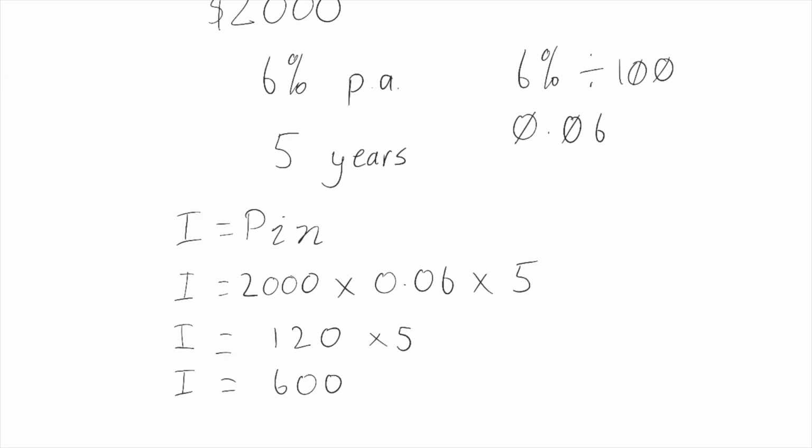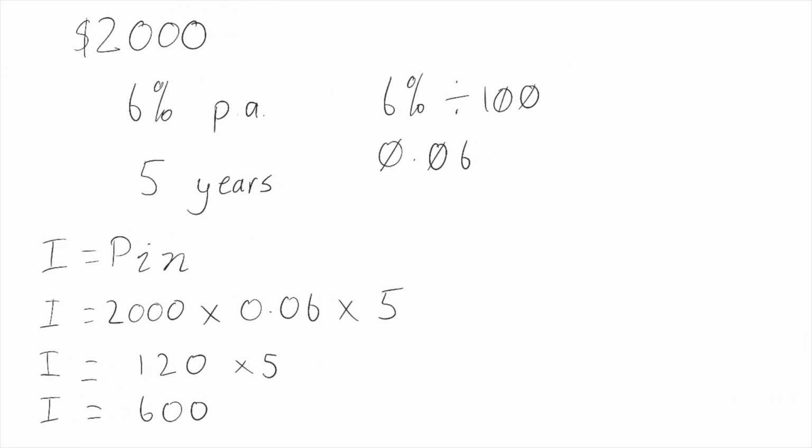Now, how do we do our total amount? Well, remember, A equals I plus P. So our total amount is going to be 600 because that's our I, plus 2,000 because that's our original principal up here.